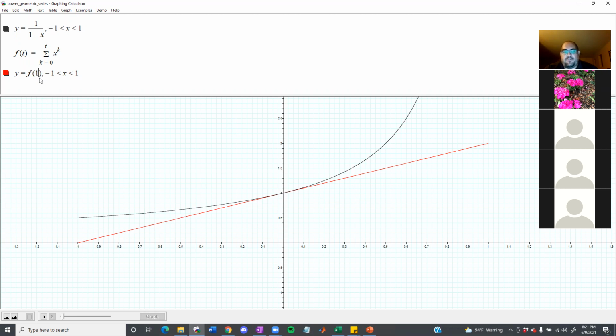It still doesn't really look like that curve, but a power series is going to be a better and better approximation the more terms I put into it. So if I go up to the x squared term, it gets a little closer. And if I do one more, let's just go up to 10.